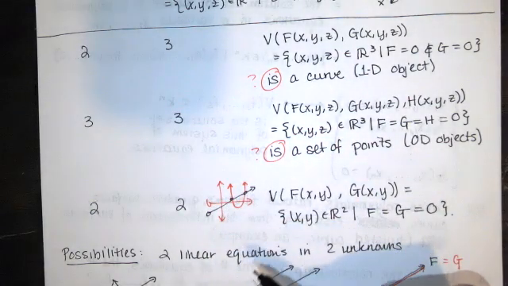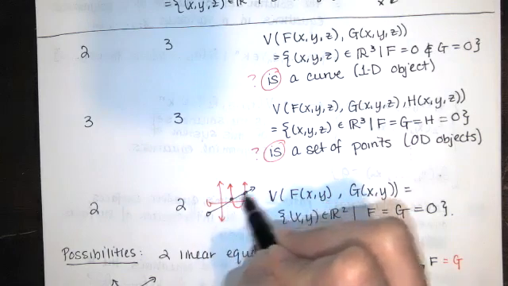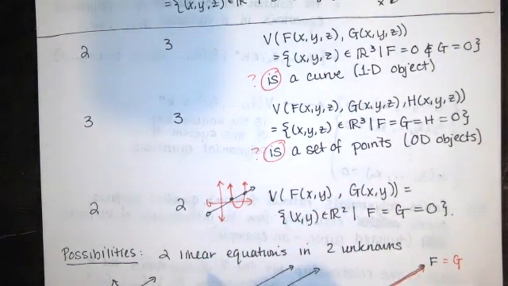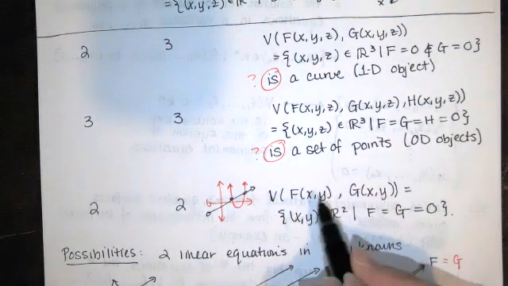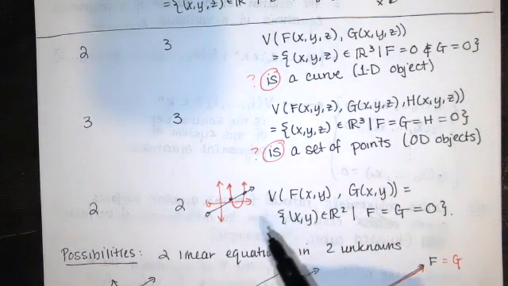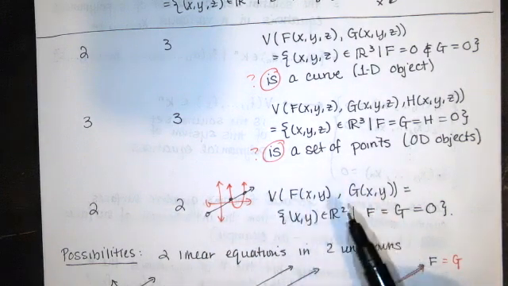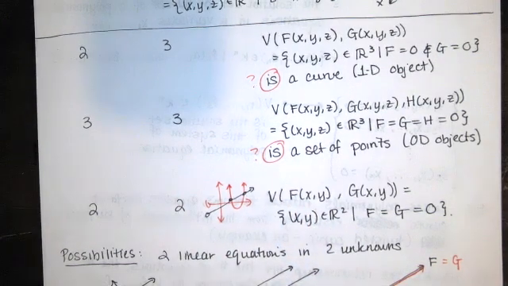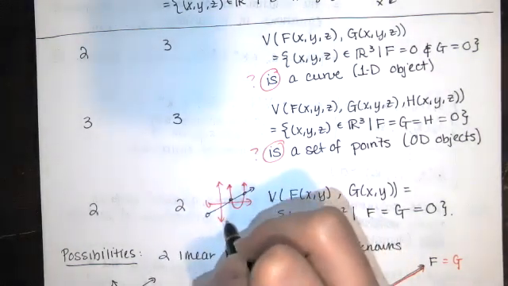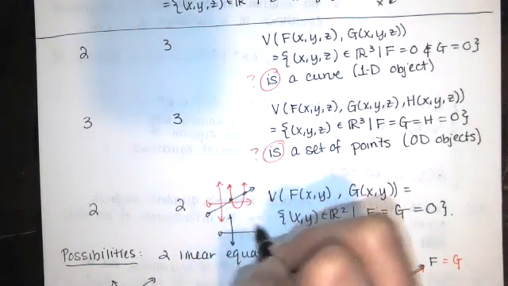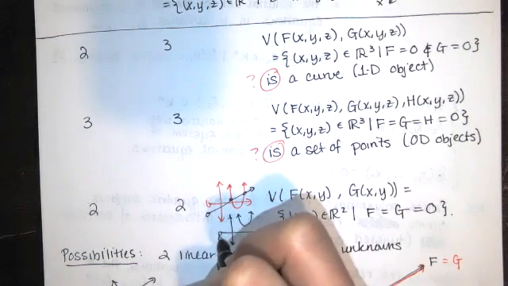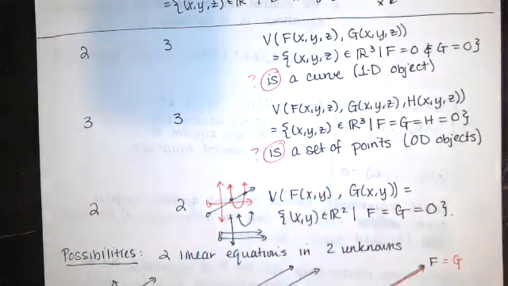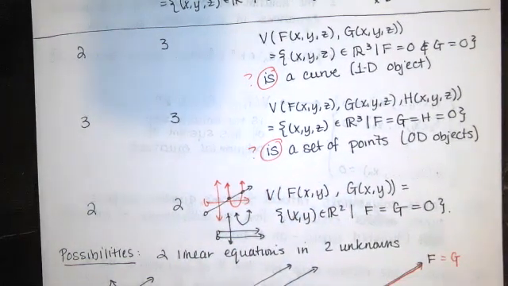So that would be a 0-dimensional object, because a set of points is 0-dimensional, with 2 equations and 2 unknowns. If the 2 equations are just multiples of each other, you would get a curve. And if the equations cannot both be satisfied at the same time, if maybe you're talking about this parabola and this line, they don't intersect at all, well, then you have the empty set as your solution.